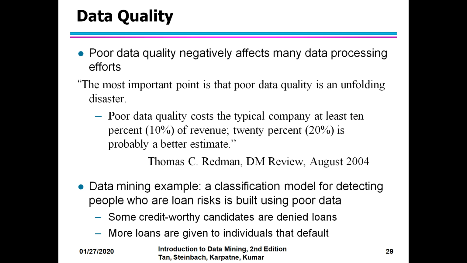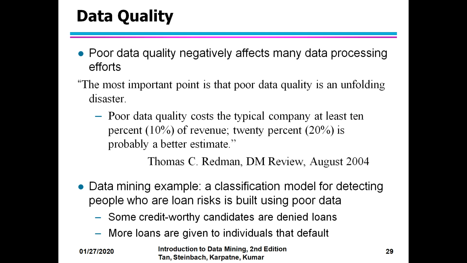If the data you are taking for analysis is of very poor quality, then that is an unfolding disaster. Poor data quality costs the typical company at least 10% of revenue, and 20% is probably a better estimate, according to Thomas C. Redman in DM Review, August 2004.